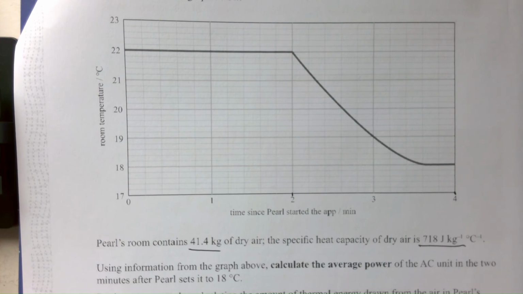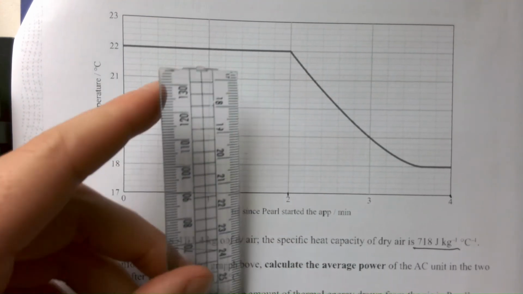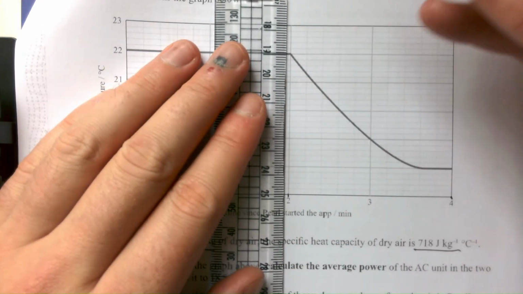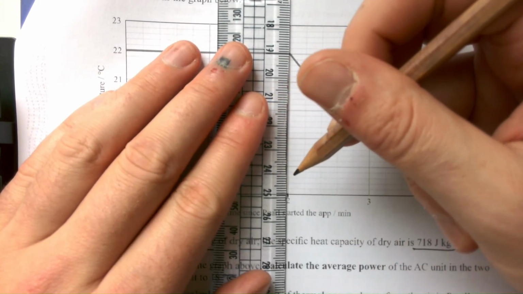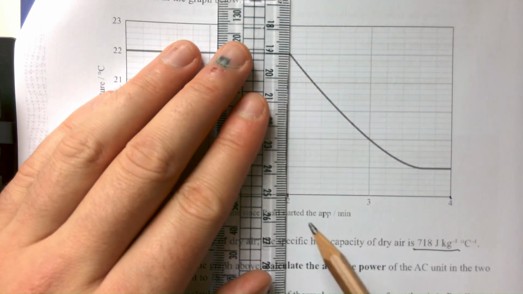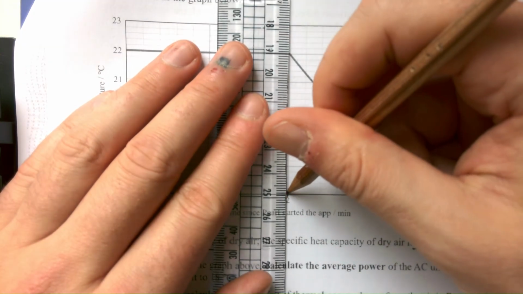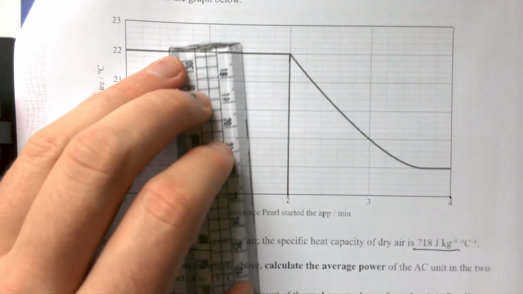Now I'm going to get a ruler out so I can draw it nice and clearly, and a pencil. With this graph it's quite obvious where the lines are, but in future, for other ones it may not be. It's always a good idea to draw with a ruler, starting at the axis, starting at the 2 minute mark, all the way up to the line.